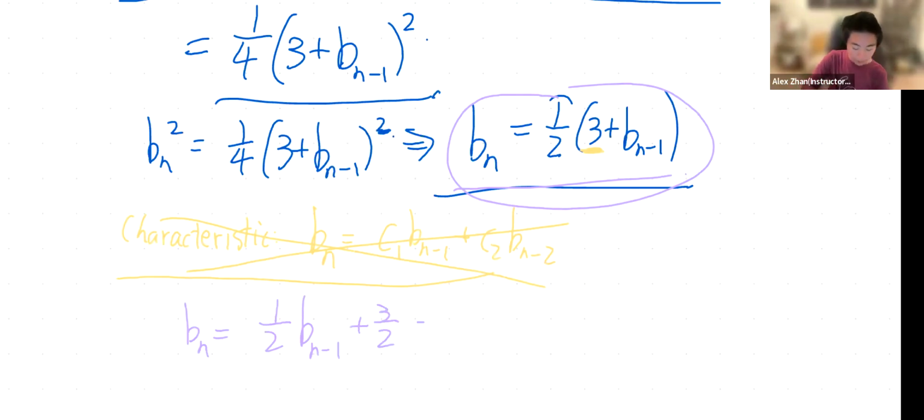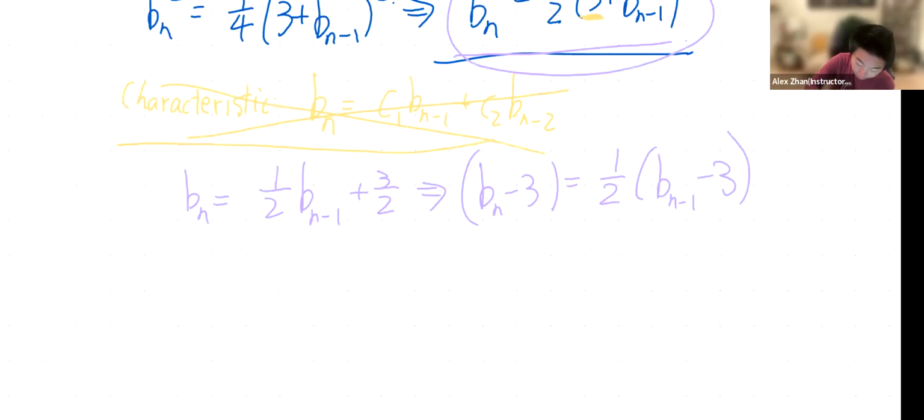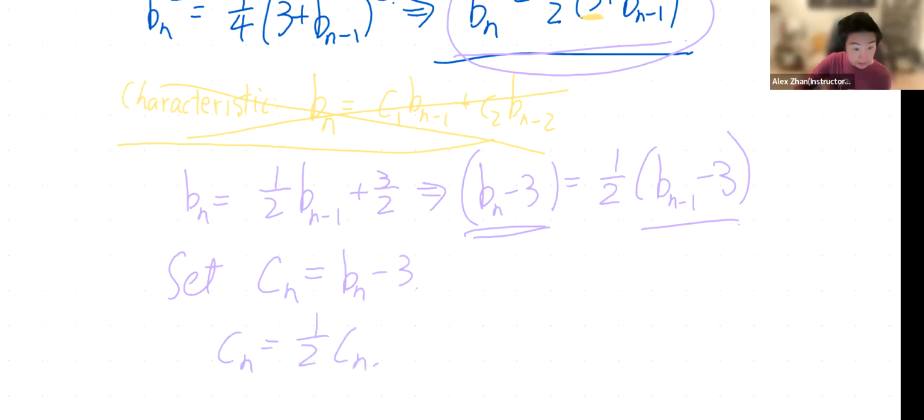If we subtract 3 from both sides, what we would get is b_n minus 3 is equal to 1/2 times (b_{n-1} minus 3). Yeah, so this is a very good trick, because now if we set c_n equals b_n minus 3, then c_n is equal to 1/2 of c_{n-1}. So this is clearly a geometric sequence now.